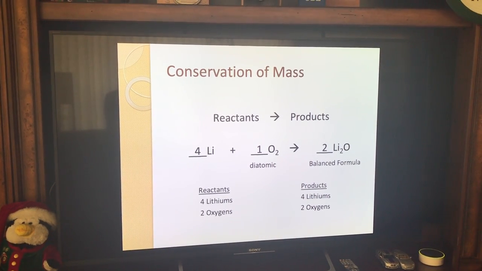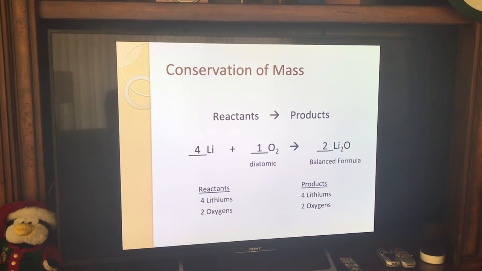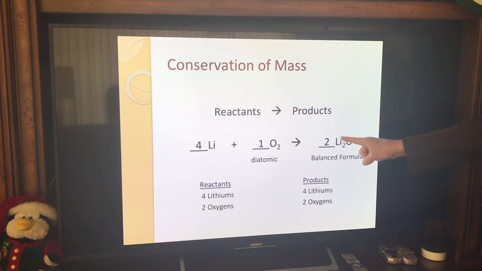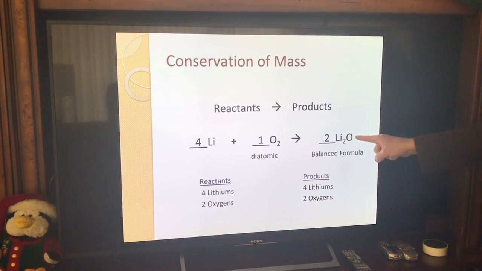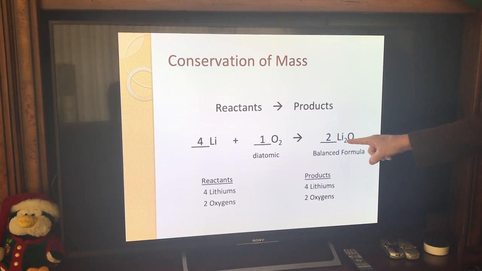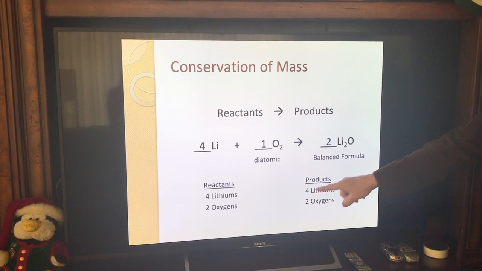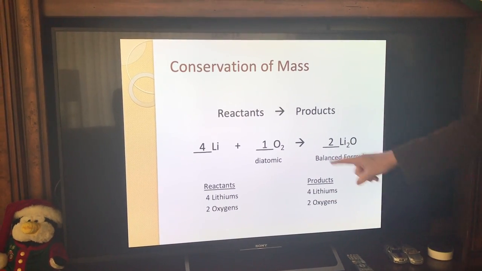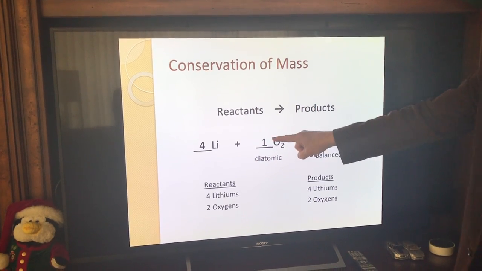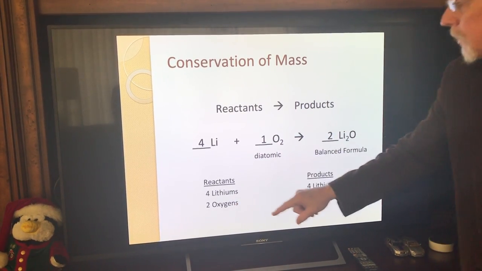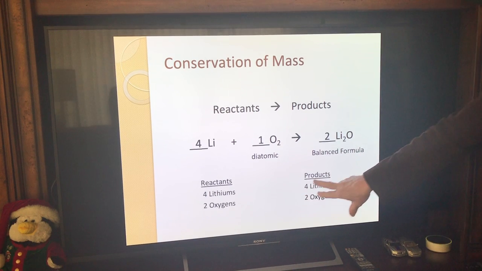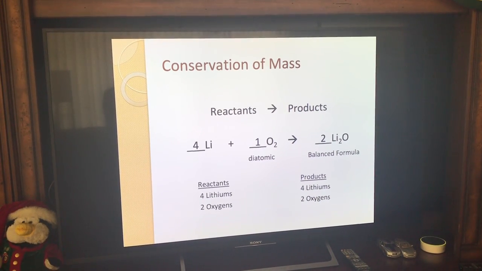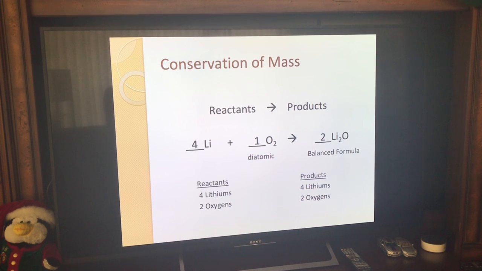We need a 4 in front of the lithium because the 2 on the right side applies to both the lithium and the oxygen, so 2 times 2 is 4 lithiums, 2 times 1 is 2 oxygens. 1 times O2 is 2 oxygens, 4 lithiums is 4, and now as you can see, we have 4 lithiums on both sides, 2 oxygens on both sides.